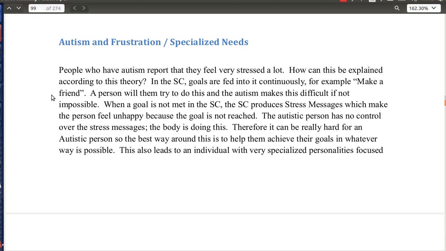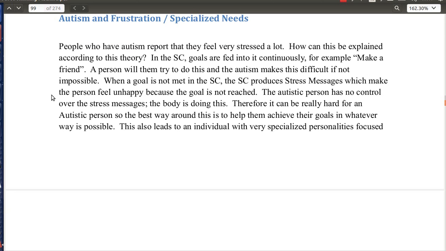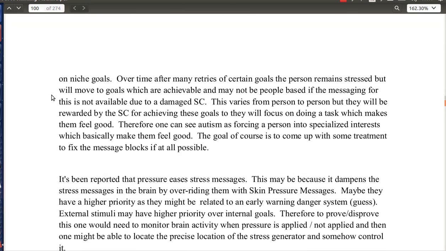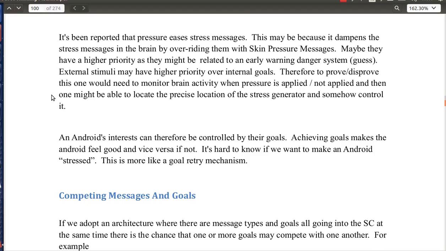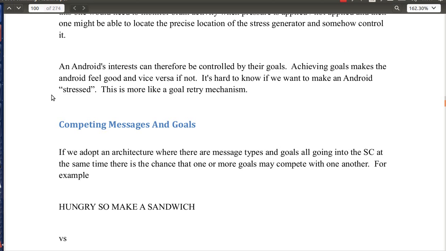That can cause a lot of issues in terms of the ability to process information correctly. So that's where I'm coming from with this whole autism idea: balancing the messages and processing them in a way, pairing them.